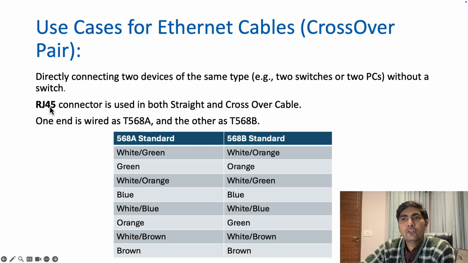RJ45 is the connector being used in both straight and cross cables. One end is wired as T568A. I am talking about cross, and the other end is T568B. Just a theory work. Don't need to stress. Just for informational purposes. You will not use these standards at all.